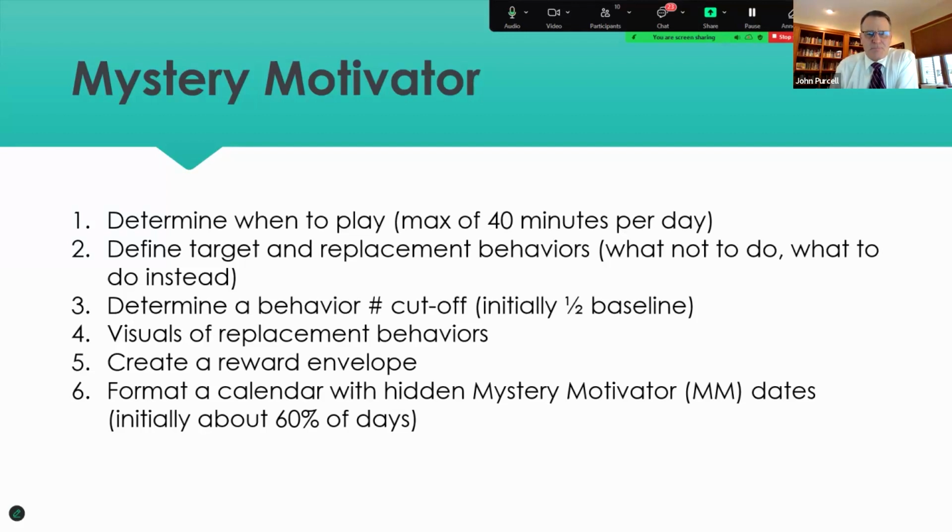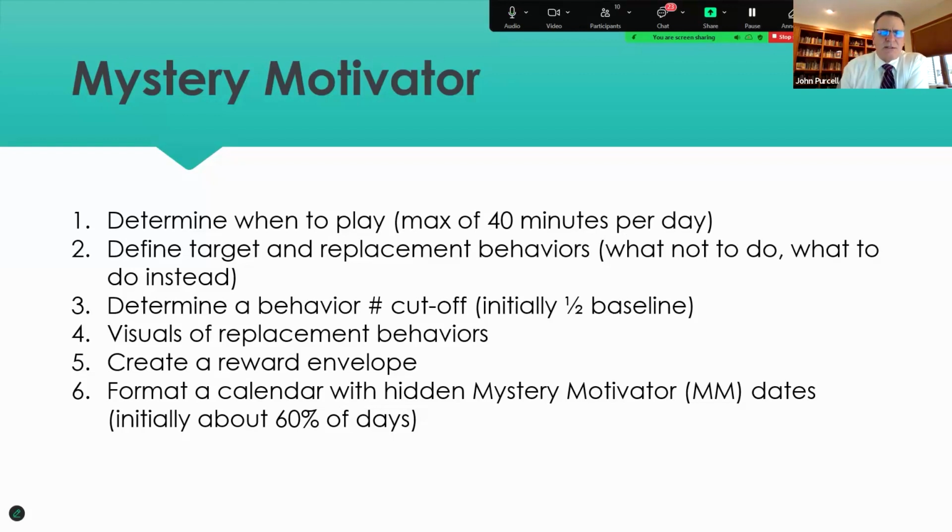But it can be playing a game with the principal, something that I've experienced. And so anyway, you create that reward envelope, and then you have a calendar with mystery motivator dates on about 60% of the days.